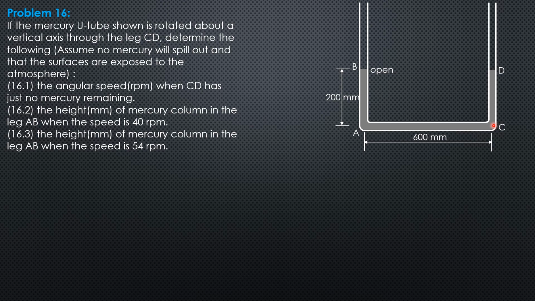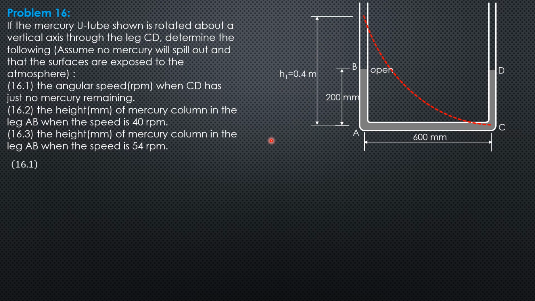The 0.2 m or 200 mm of mercury will go down here, and this rises also by 200 mm. Therefore, the height of the imaginary parabolic surface of zero pressure is 0.2 plus 0.2, or 0.4.